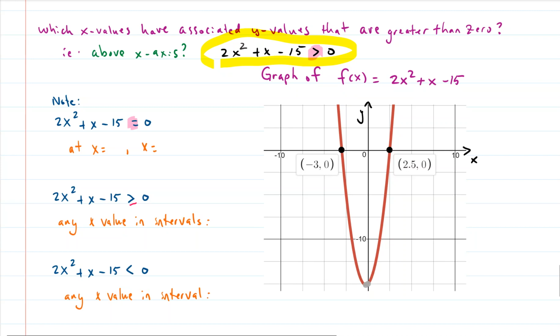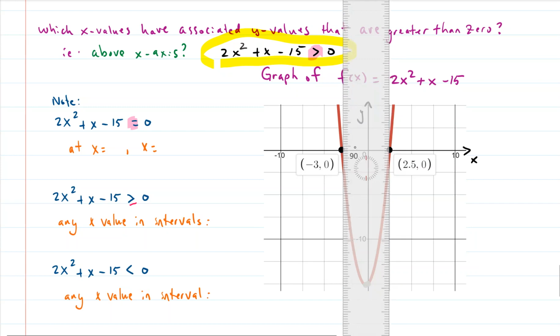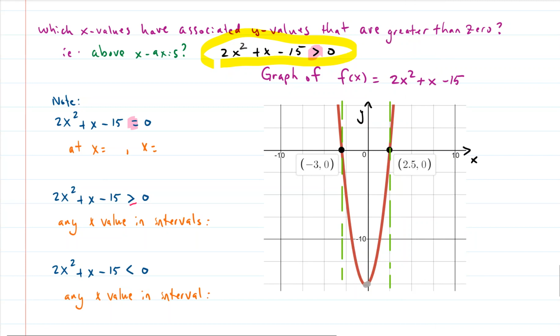Well, I graphed this function here for you. And let's throw in some markers here. I'm putting in a vertical dashed line at the x that goes through the x-intercepts, -3 and 5/2.